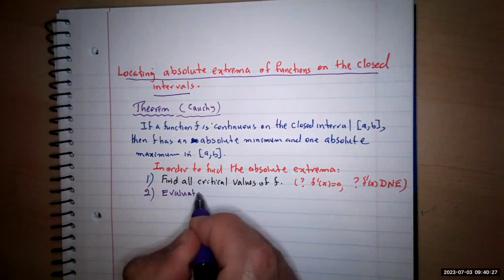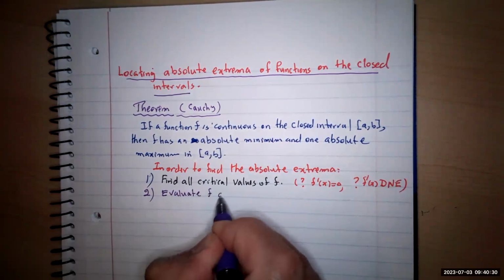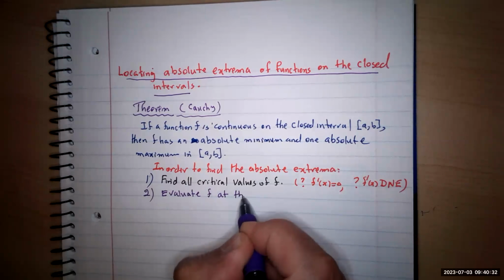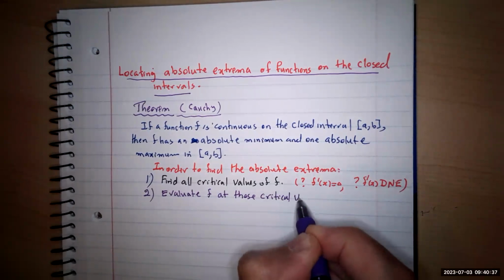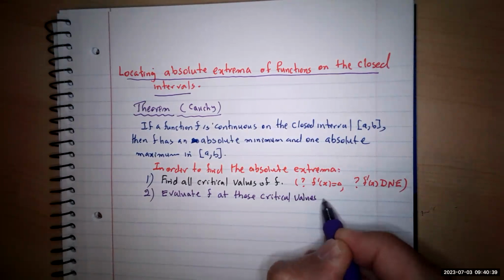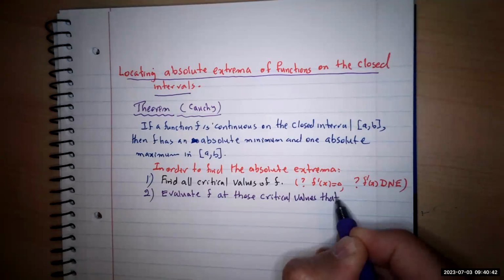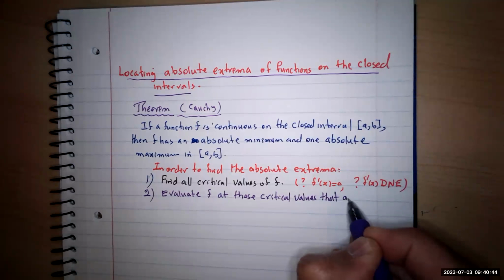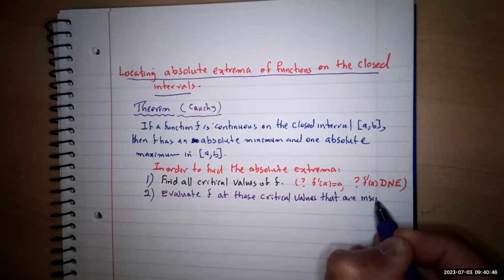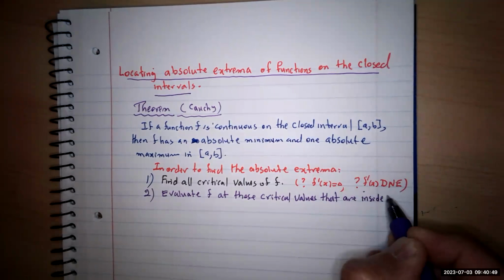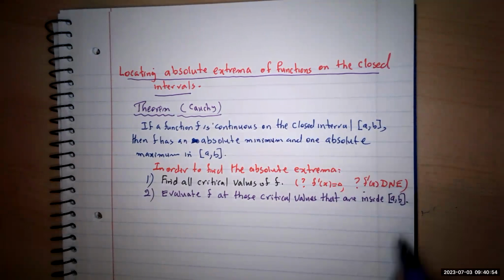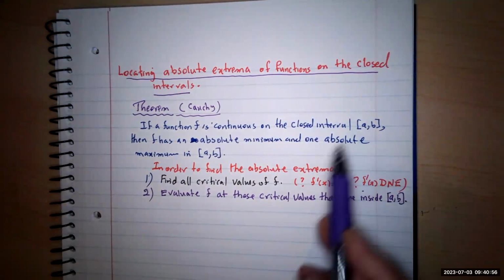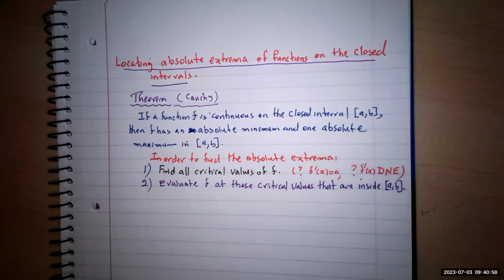So evaluate f at those critical values that are inside the interval (a, b). If they are outside, ignore them because they have nothing to do with the domain of your function. And those are going to be possibilities.